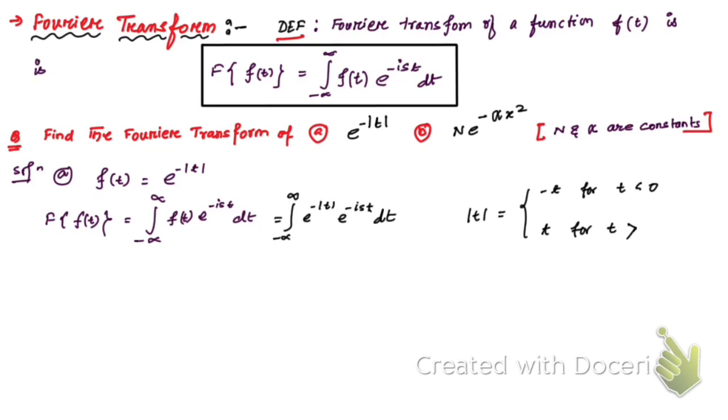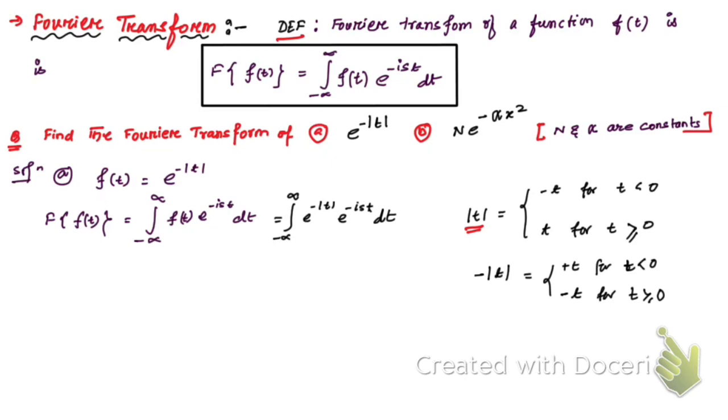Same meaning. Then minus mod t is plus t for t less than 0, and minus t for t greater than or equal to 0. If you multiply by minus, plus becomes minus. I hope you have understood these things, right?